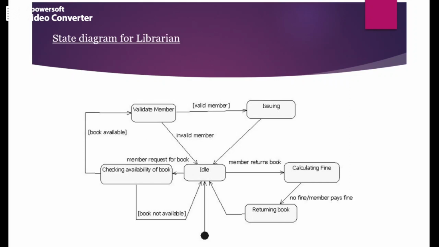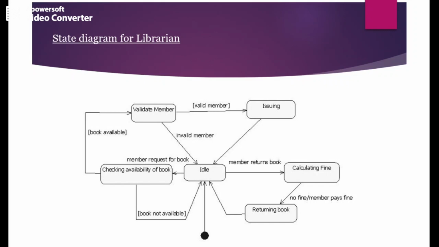State diagram for a librarian. What can the librarian do? This is the initial state, idle. First thing, checking the availability of the book. The member will request for the book, no? So he will check the availability of the book.